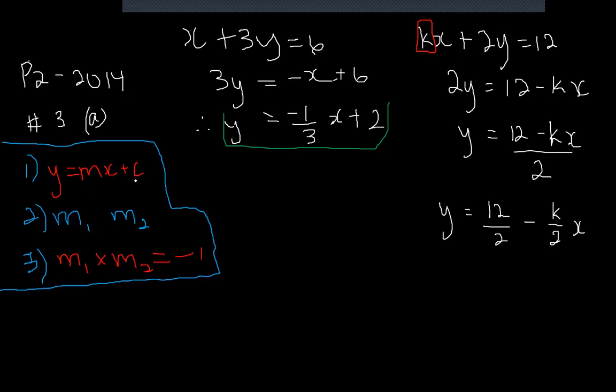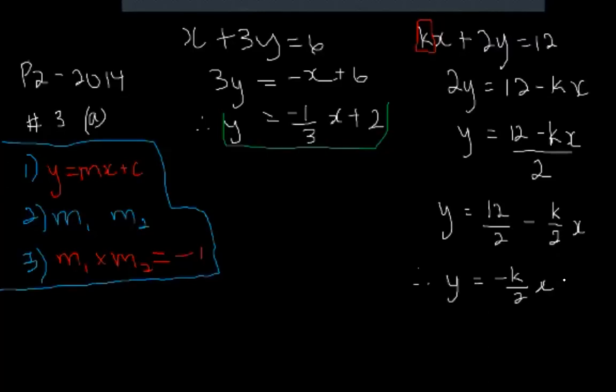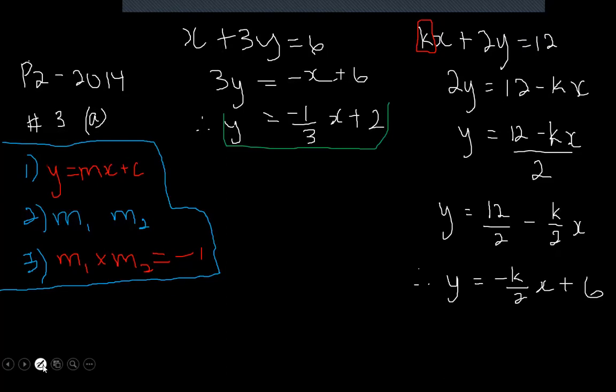But I want mx plus c, not c plus mx. So therefore, y is equal to minus k on 2x and 12 divided by 2 is 6. So plus 6. And that's how I did that. Understand now?